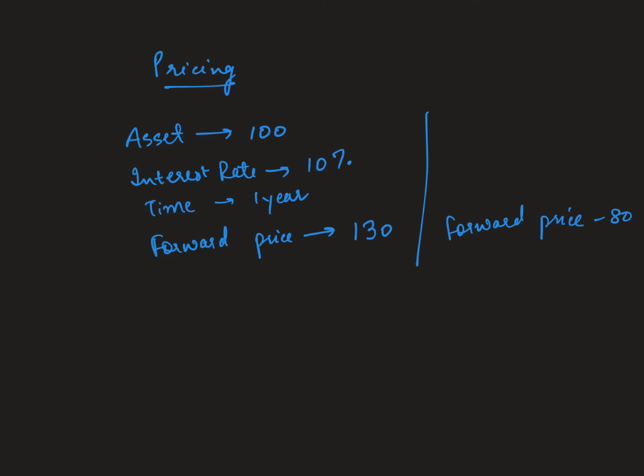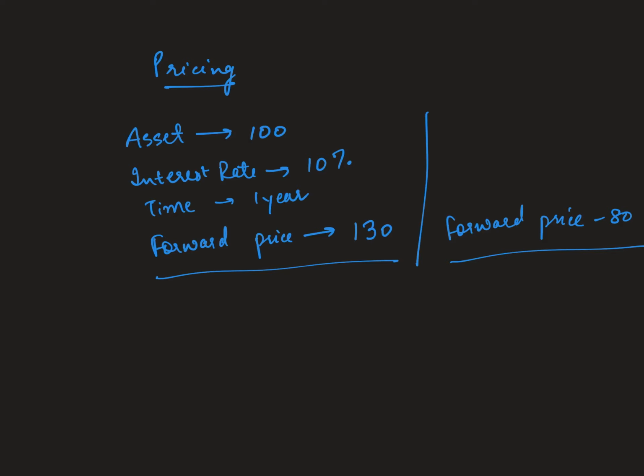So whenever a situation like this occurs, what ideally happens is that the investors would buy what is cheaper and sell what is dearer. So here they will buy the asset at 100 rupees. Okay, no, wait, actually there's one more step that needs to be added before we just buy it.